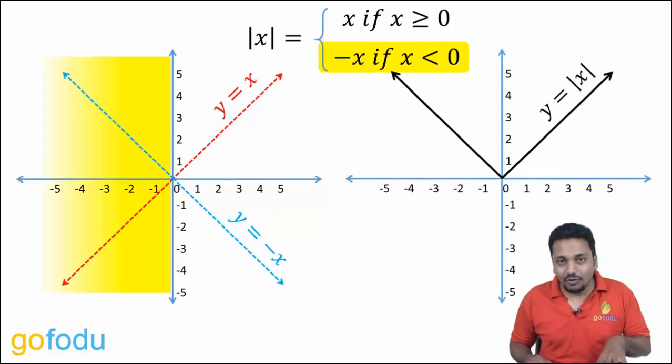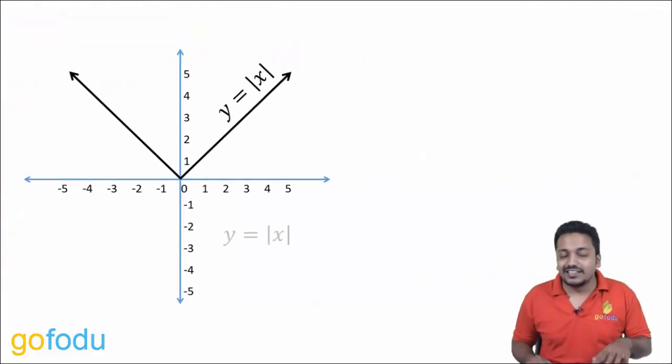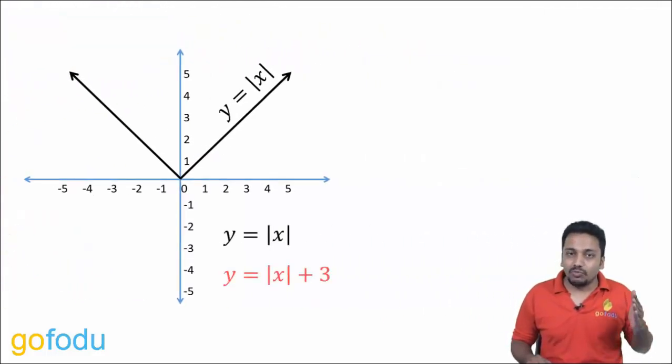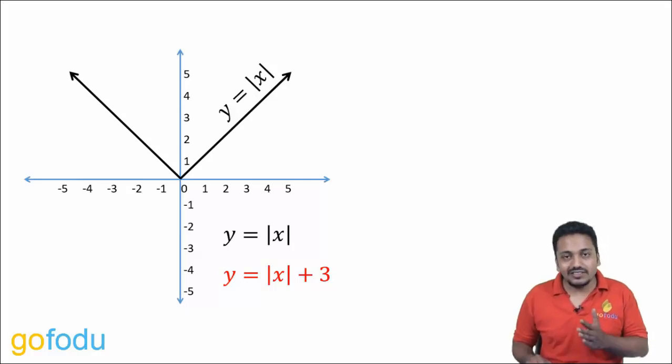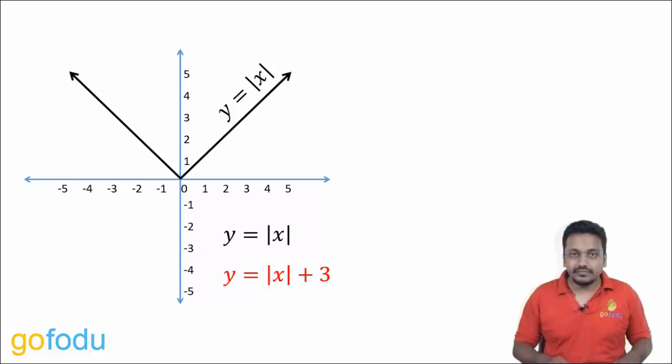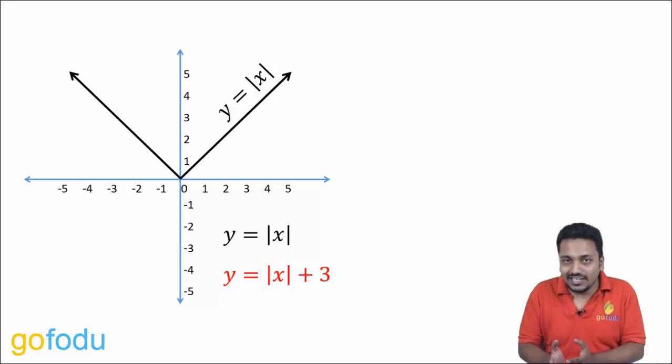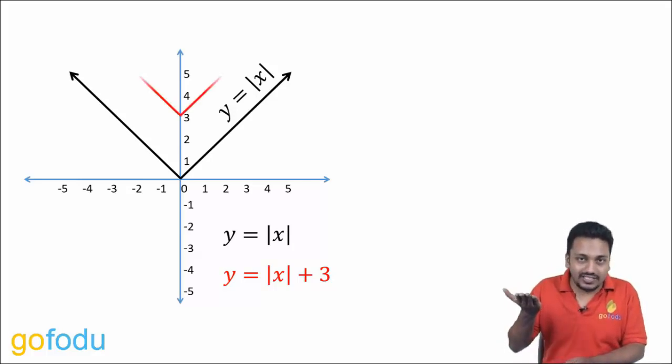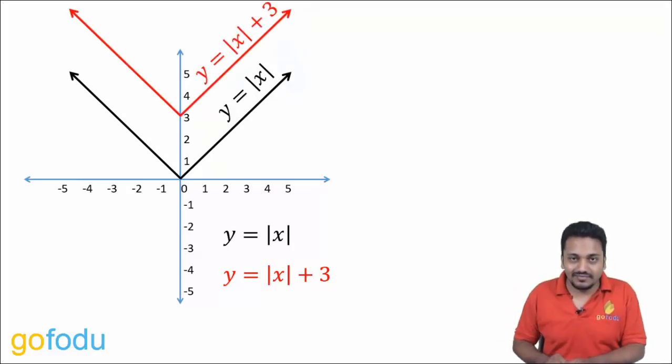Now if this is the graph for y is equal to mod x, think about the graph for y is equal to mod x plus 3. 3 is getting added to all the y values of graph y is equal to mod x. So this graph will shift upwards on the y-axis by 3 units.